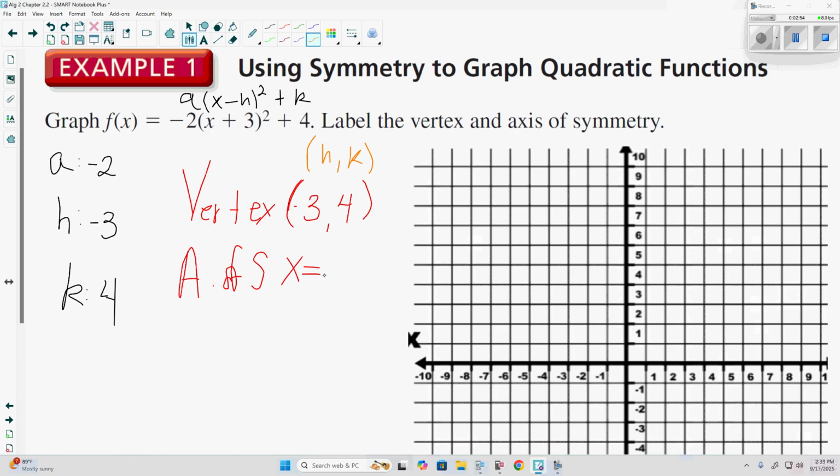Now we can simplify axis of symmetry as A of S. But the equation that represents the axis of symmetry is x is equal to h. So we'll replace h with its value, which is -3. So that'll give us the vertex and the axis of symmetry.